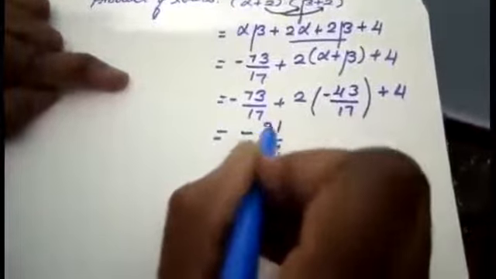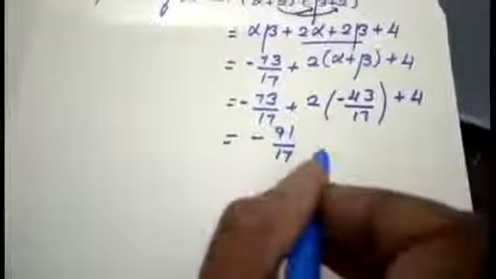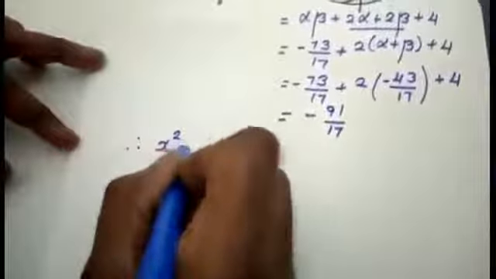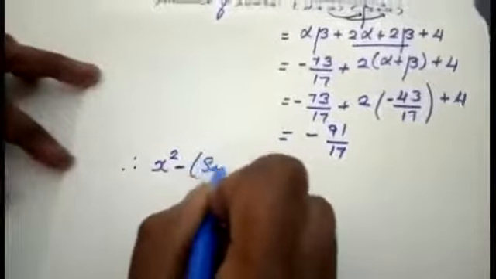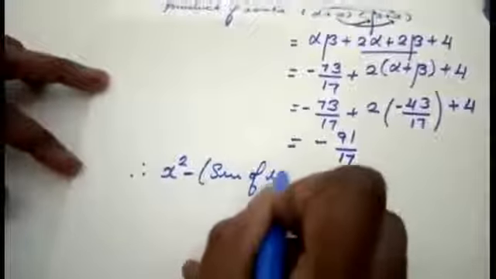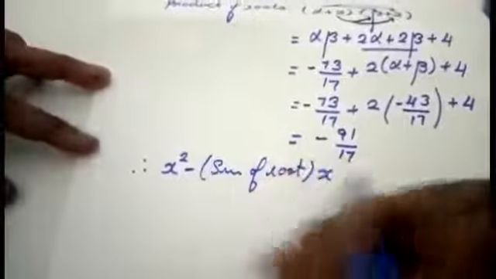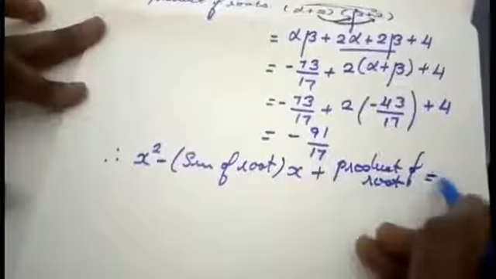Now what is the concept they are asking you to find? They are asking you to find the quadratic equation. So what is the formula? Therefore, x square minus sum of root x plus product of root equal to 0.